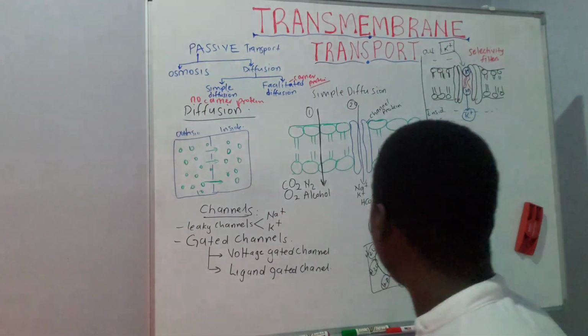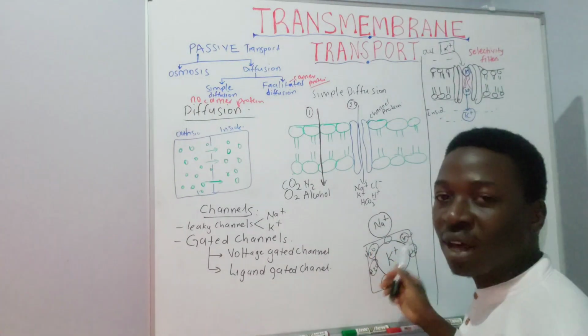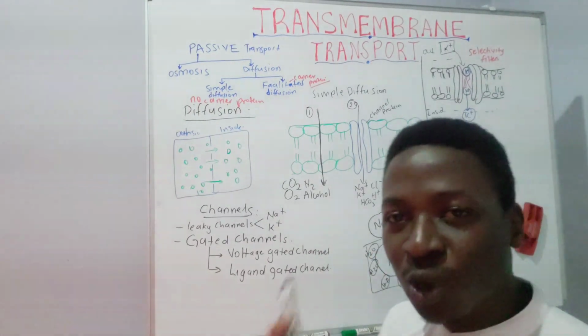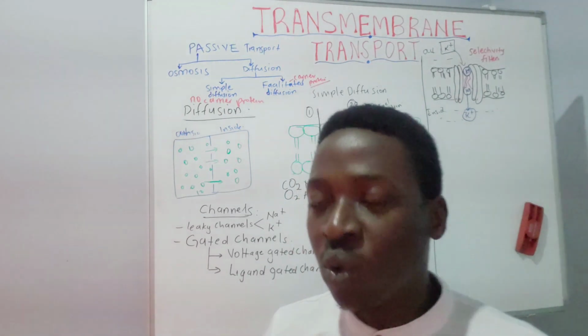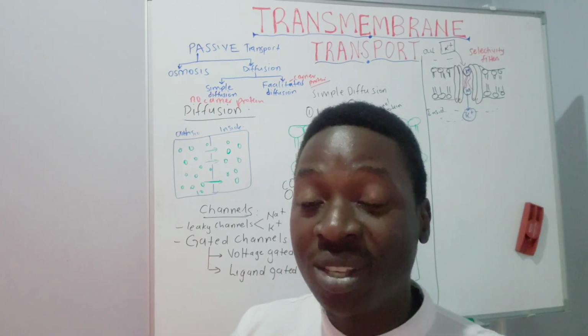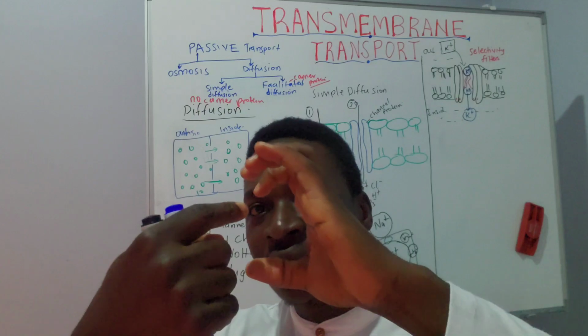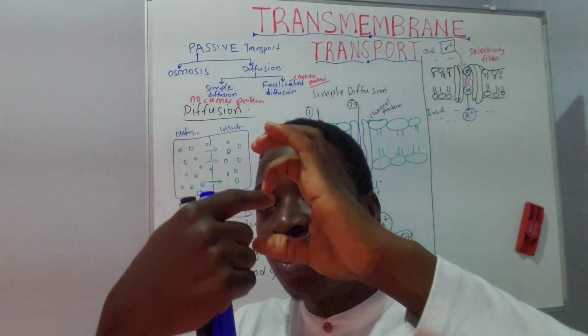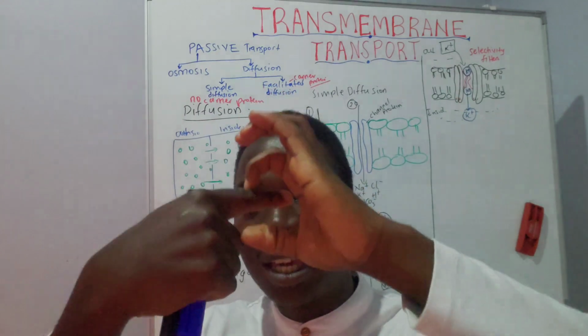Why? I told you already, the size of sodium is quite smaller than that of potassium, implying that as sodium tries to move through this channel, it will not have an association with the selectivity filters. The selectivity filters cannot touch it, so they cannot strip it naked.